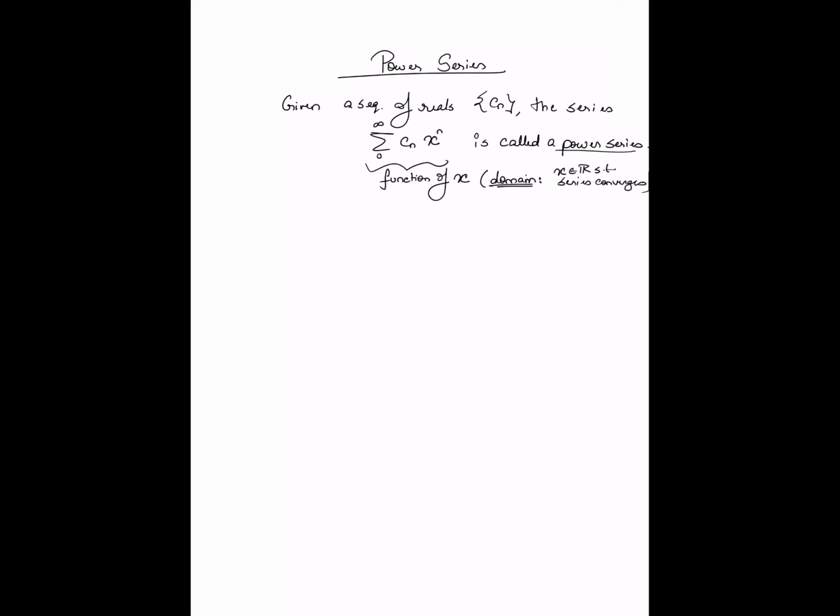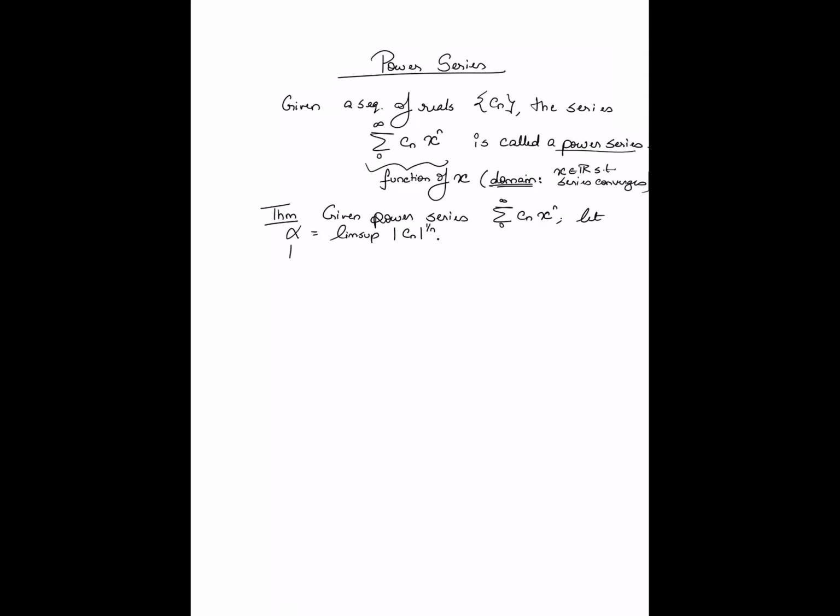Okay, and in fact the domain of the power series is given by the following theorem. Given a power series summation 0 to infinity Cn x raised to n, let alpha be defined as follows. It's the lim sup of absolute value of Cn raised to 1 by n.